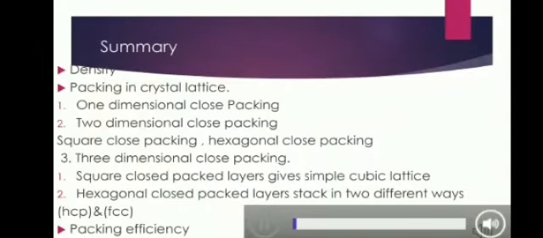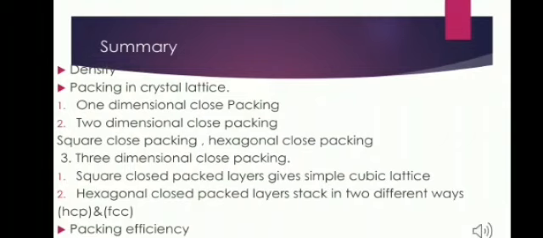Now let us summarize the topic. In this lecture we have learnt how to calculate the density of the unit cell. We have also learned to calculate the edge length, volume or number of atoms by using this formula. Now we have also done packing in crystal lattice.